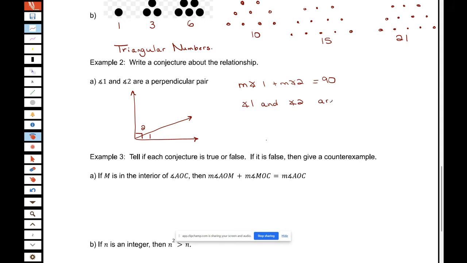That's true. You could say they're complementary. You could say their non-common sides form a right angle. This side down here and this side going up. So there's lots of true conjectures that you could say. You don't have to write them all. Just a couple of possibilities there.